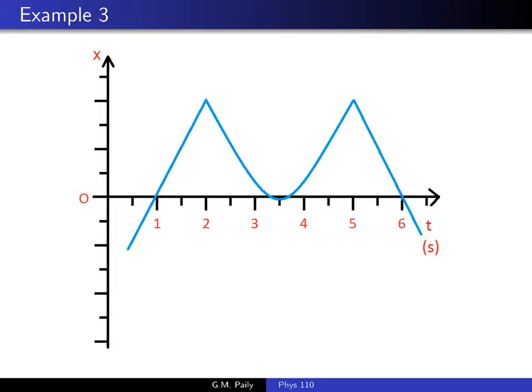So we can see that when we take the derivative and find the velocity, this region where the graph is linear, after taking the derivative, will correspond to a constant. This region where the graph is parabolic or quadratic, after taking a derivative, will correspond to a linear region. And again, this region where the graph is linear, after taking a derivative, will correspond to a constant.